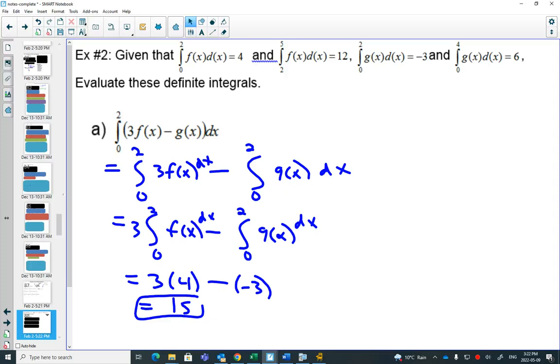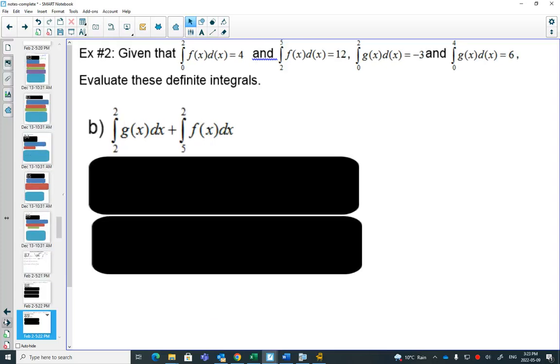Good on this first one? Okay, try the next one. Here we go, checking the next one. There we go.